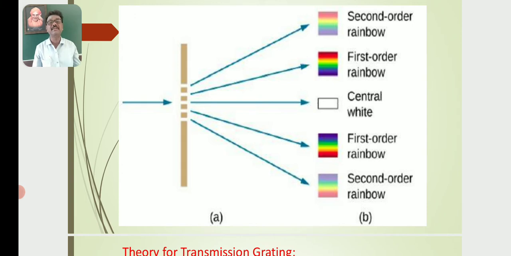Like that, a number of spectra are formed on either side of the central white fringe.